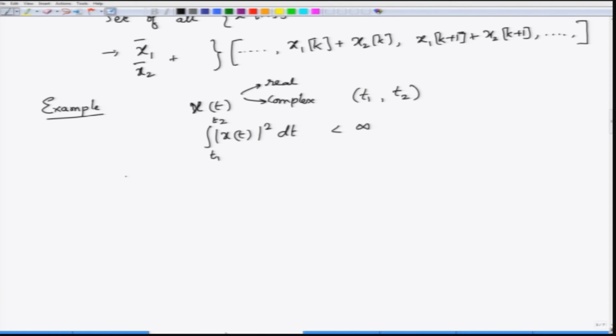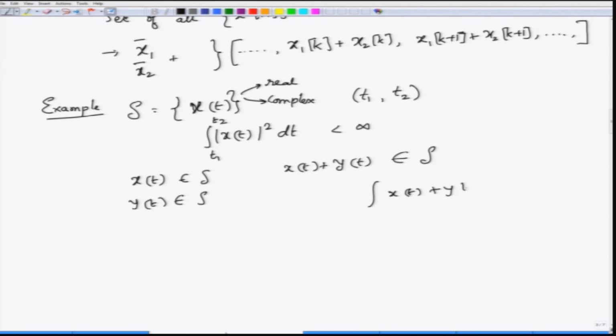So, in this case, will this set of x of t signals, which all satisfy this particular criterion, form a vector space? Yes, because if x of t, call this set S, if x of t belongs to S and y of t belongs to S, then their addition x of t plus y of t must belong to the same set S, correct, because even this x of t plus y of t signal will satisfy this particular criterion, right.